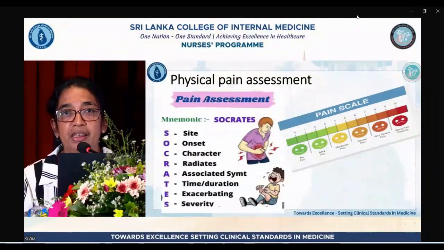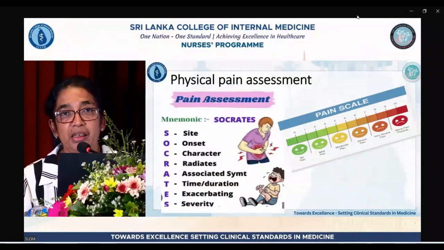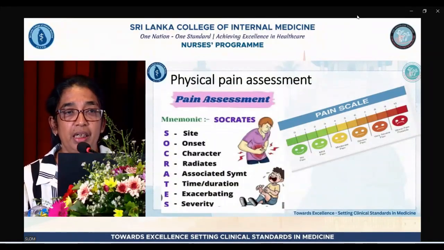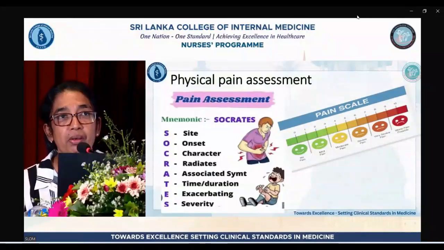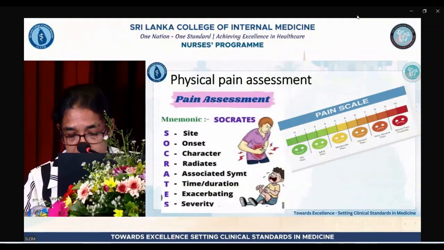Moderate is pain that disturbs your daily activities, and with 7, 8, 9 the patient is screaming or crying in pain. So these are very important to observe as nursing officers, and to ask about as well.